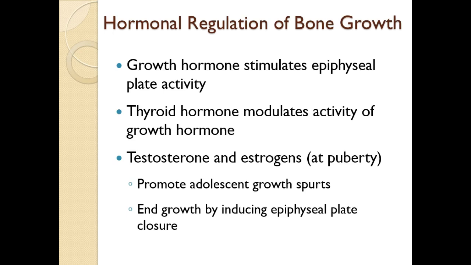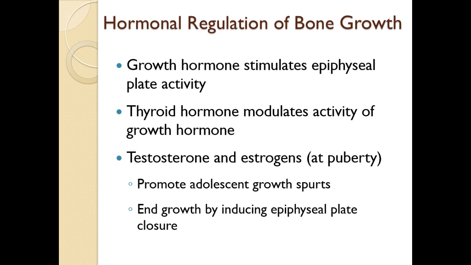Growth hormone stimulates the epiphyseal plate during growth spurts. So when children hit those growth spurts, it's because growth hormone is stimulating the reproduction of the cells in that area. And then you have the thyroid hormone, which modulates activity of growth hormone.